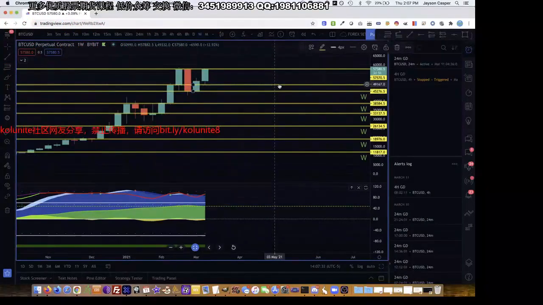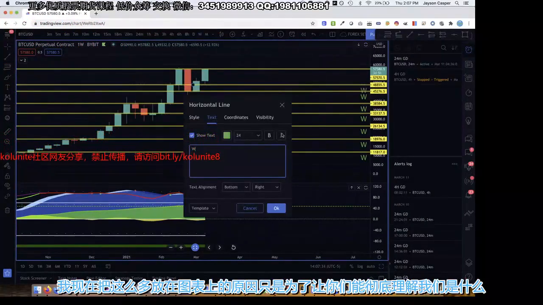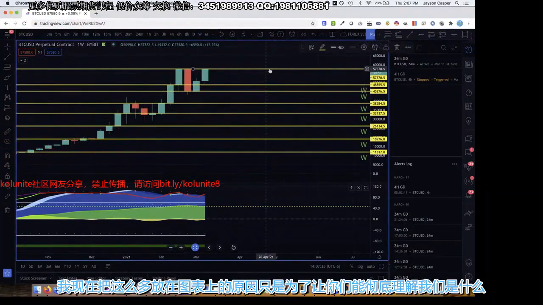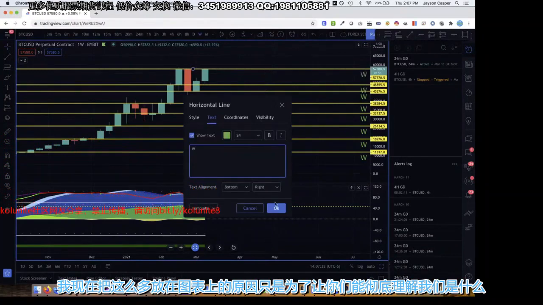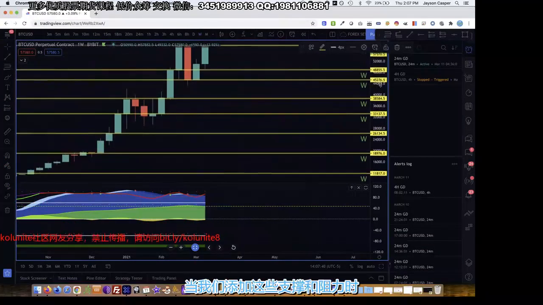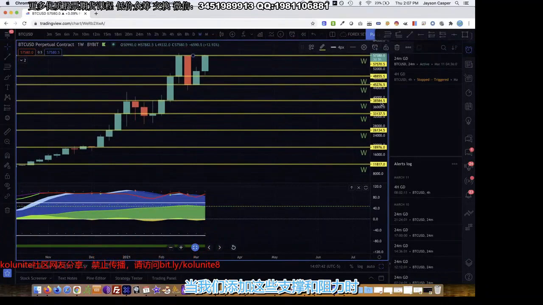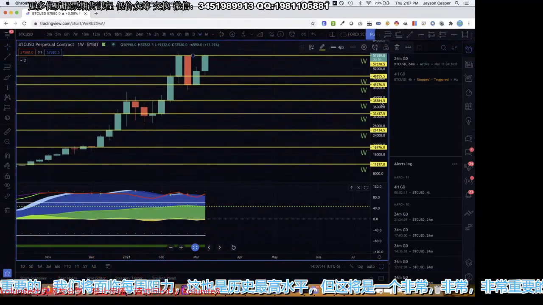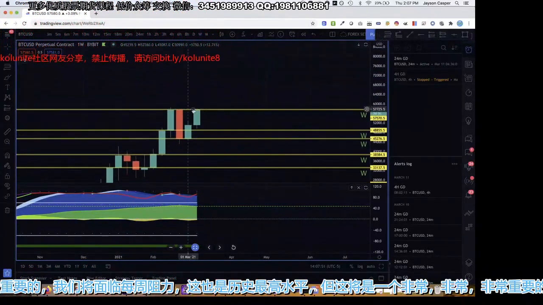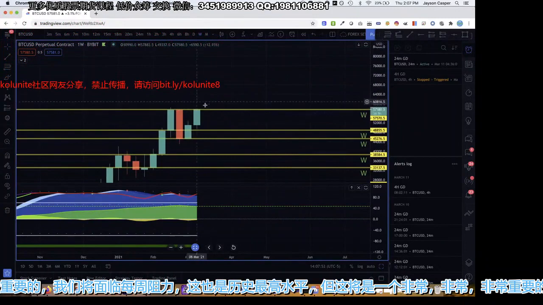The reason I'm putting so many on the chart right now is just so that you guys can thoroughly understand what we're doing. And again, as we're adding these support and resistance levels, the weekly levels are going to be the most significant, okay? Right now, we are coming up to a weekly resistance, which is also an all-time high.